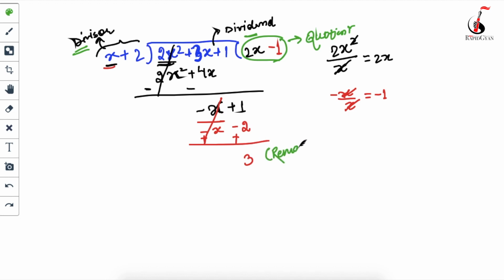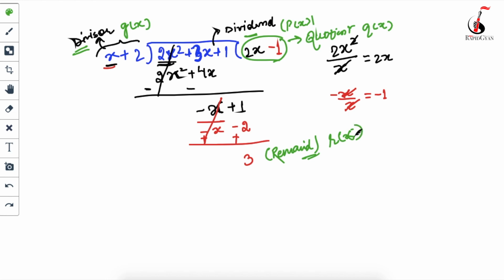So here also, it's a similar theorem to the one you studied in Euclid's division lemma. Suppose I take the dividend as p(x), the divisor as g(x), the quotient as q(x), and the remainder as r(x), because they all are polynomials.